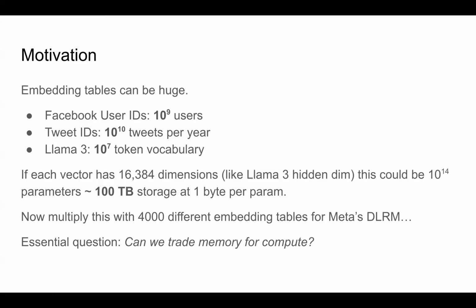The main question is always, do we really need that many vectors? Surely there is some similarity between some of them. There's some sharing we can do, and maybe we can convert some space to computational time.